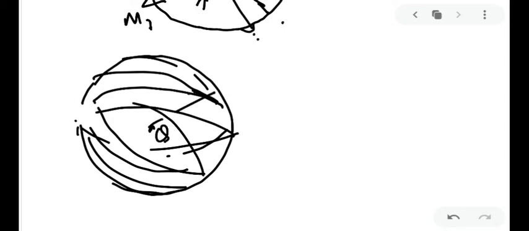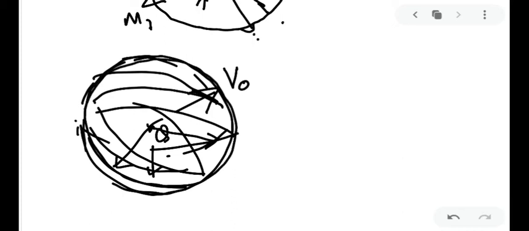Because you had fixed the radius, and by fixing the radius you made the potential at that distance V0, and you went on to define all the points, you ended up getting a collection of points which lies on a sphere.